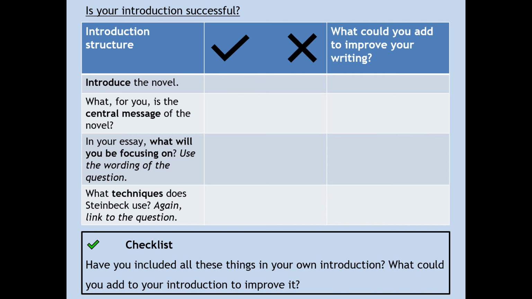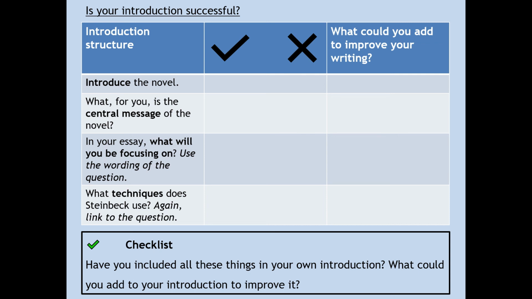I want you to read through your introductions in your jotters, and first of all, give yourself a tick or a cross next to each of the parts of the introduction formula. Have you introduced the novel? Tick or cross. Have you detailed what for you the central message of the novel is? Tick or cross once more.